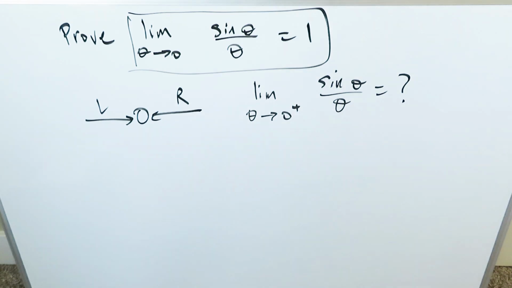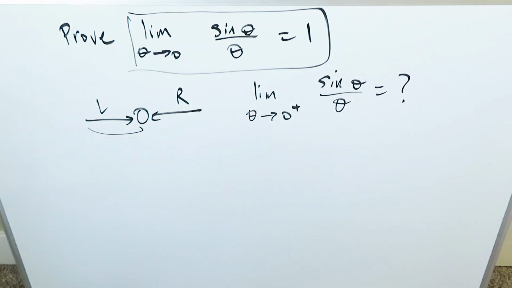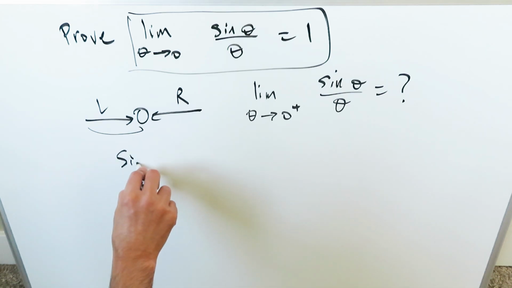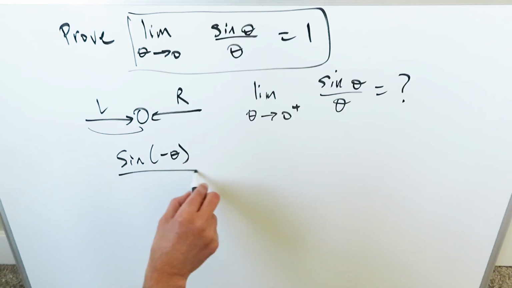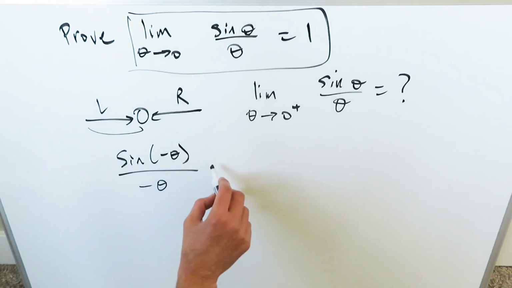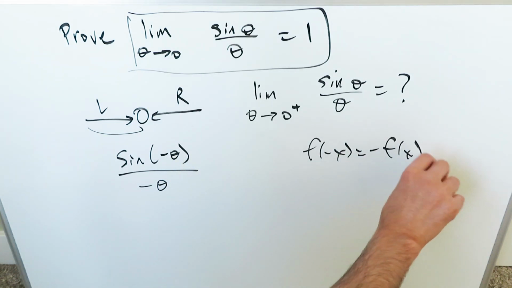Why would that be the case? Well, you're looking here from the left-hand side, what do you have? You're looking at negative values of that theta. Consider the fact that sine is an odd function. You would in essence be representing your test values on the left of 0 with a negative, and then you would obviously put in the denominator too a negative value. Since sine is an odd function, f of minus x is equal to minus f of x.